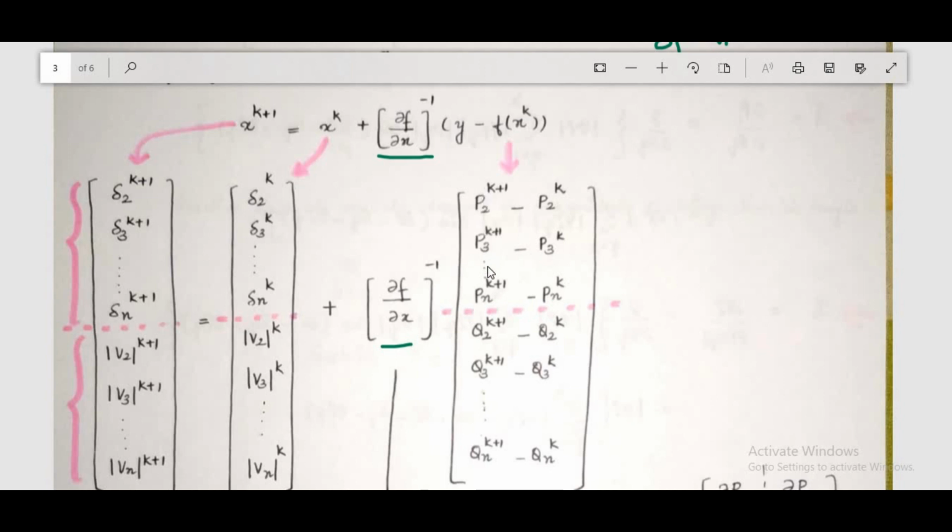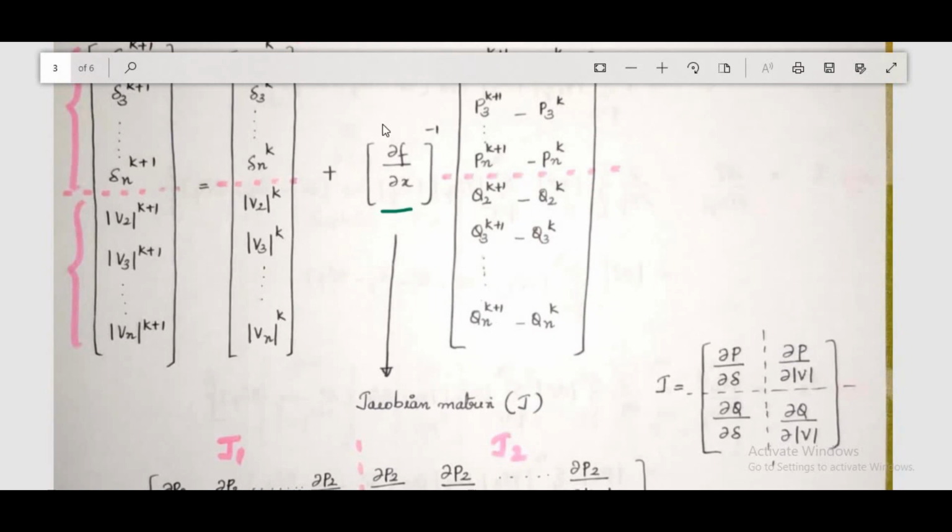Similarly, P2, P3, etc. up to Pn, Q2, Q3, etc. up to Qn. So the simple equation or the Taylor series in our mathematics has become a huge matrix when it comes to power system. Why? Because in power system we have so many variables and so many functions.